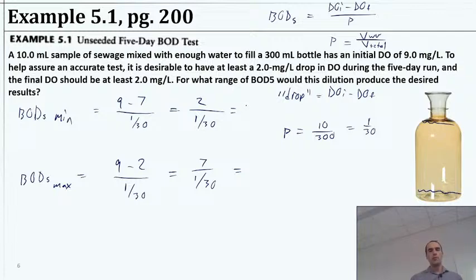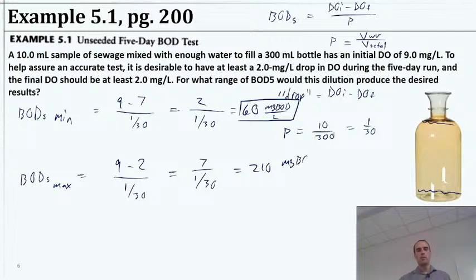So 30 times 2 is 60 milligrams BOD per liter. And down here, 7 times 30 should be 210 milligrams BOD per liter. Of course, maybe I should say BOD 5. Okay, does it make sense?